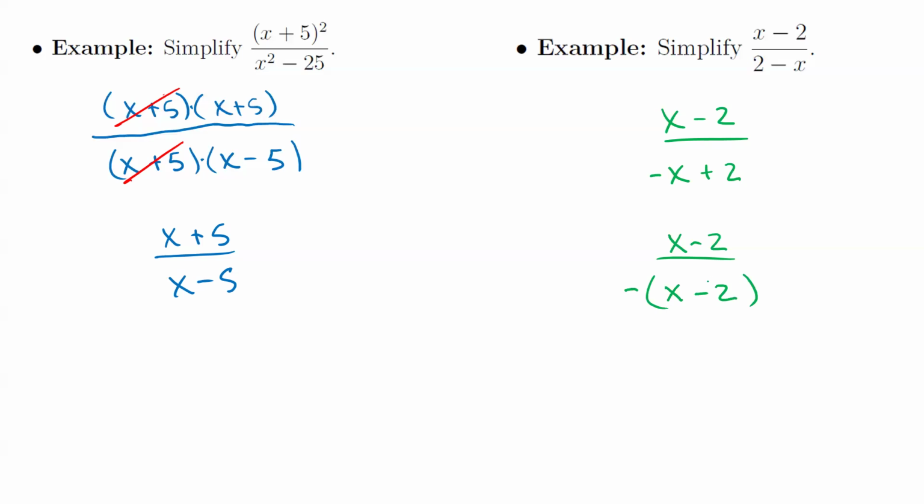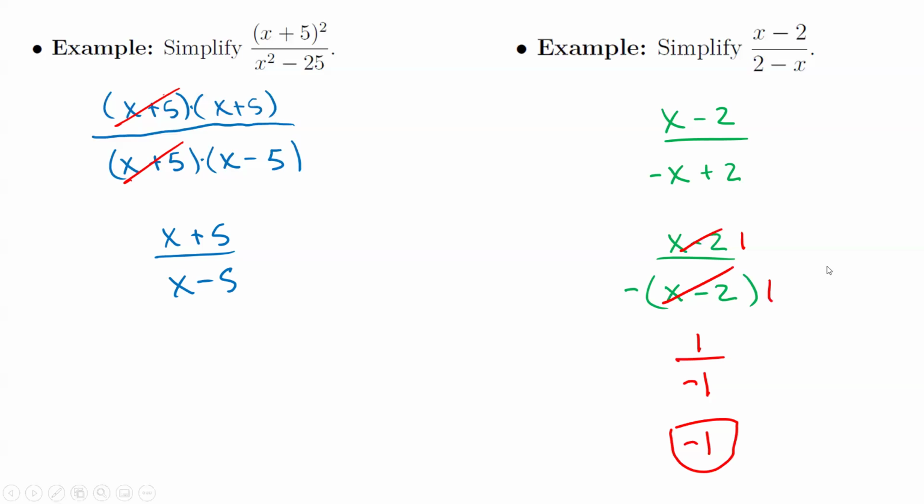Now I do have the bottom factored. I have x minus 2 is the only thing on top. So I actually can cancel this out on top and on bottom. What I'm left with is a 1 on top and a 1 on bottom when I do that cancellation, right? But I have 1 over negative 1, which of course gives me a final answer of negative 1.